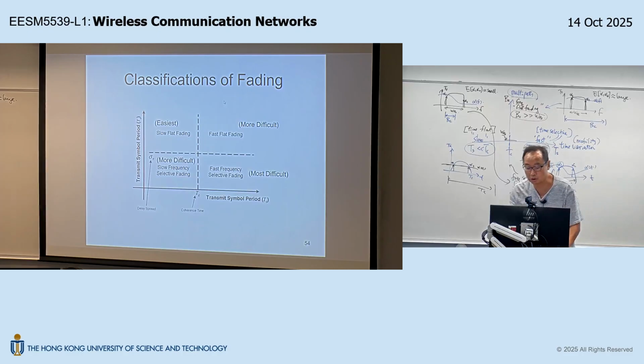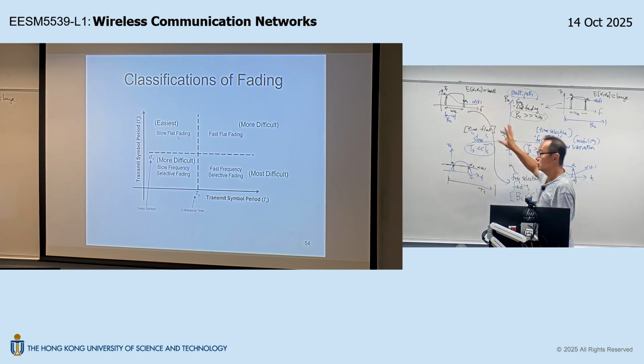So which 4 situations? On this side, we have fast. Fast refers to the time variation. Fast flat fading corresponds to frequency flat fading. On this side, this is the fast frequency flat fading channel. On this side, this is slow frequency flat fading.